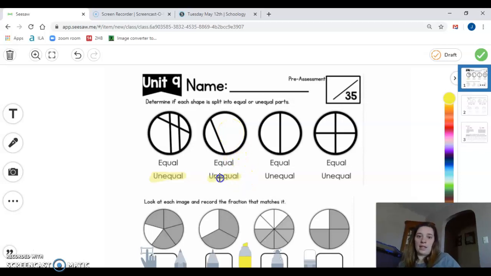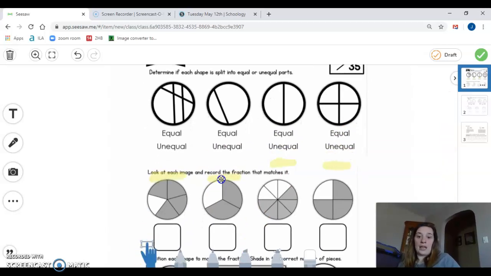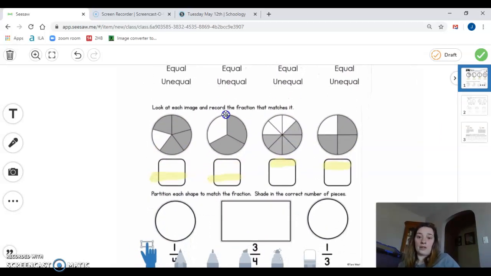Those are unequal. Well, if we split the cookie this way, right, it's equal. And then if we split the cookie 4 ways into fourths, are those equal parts? Yes, they are. Good job.